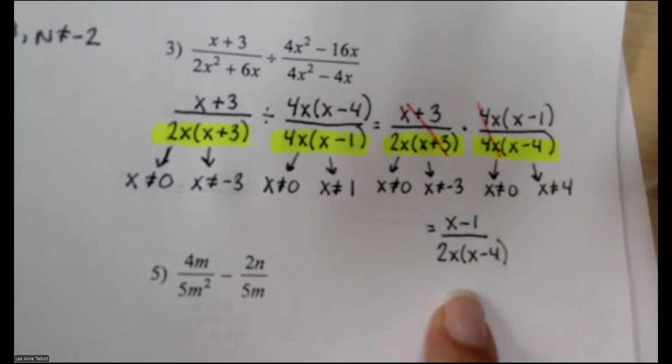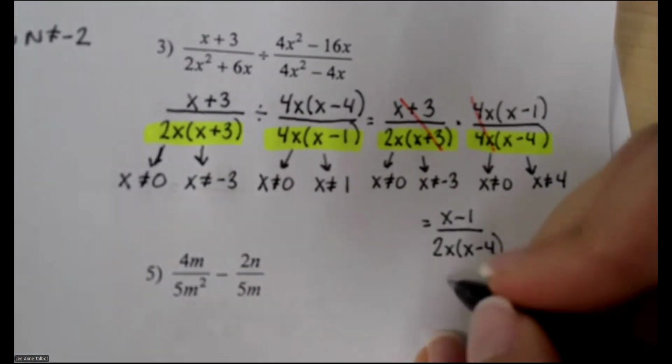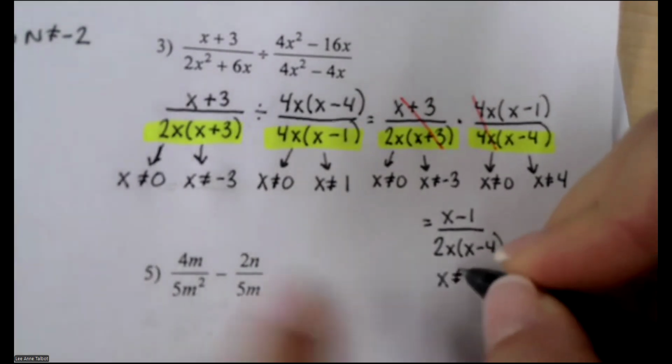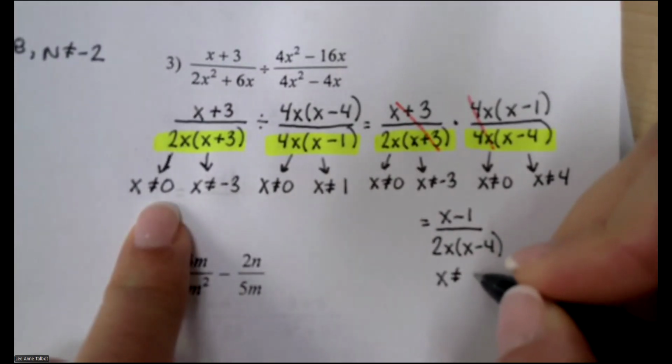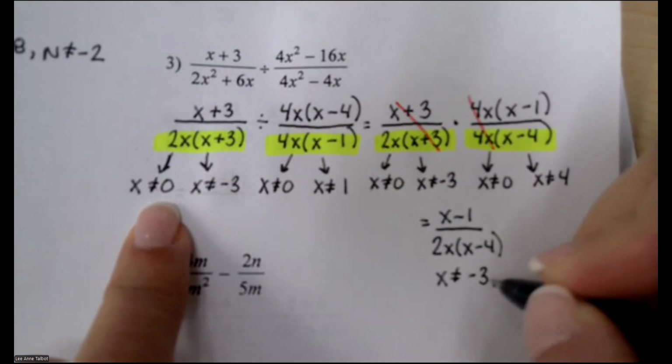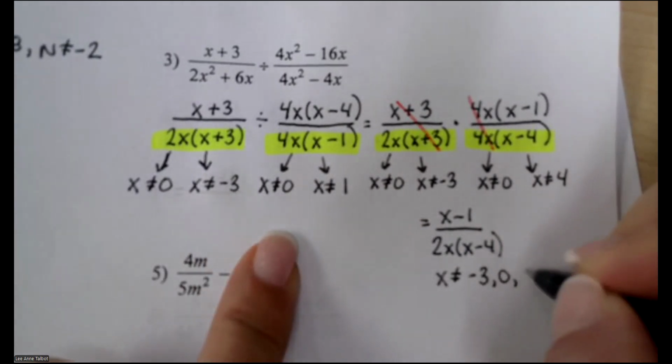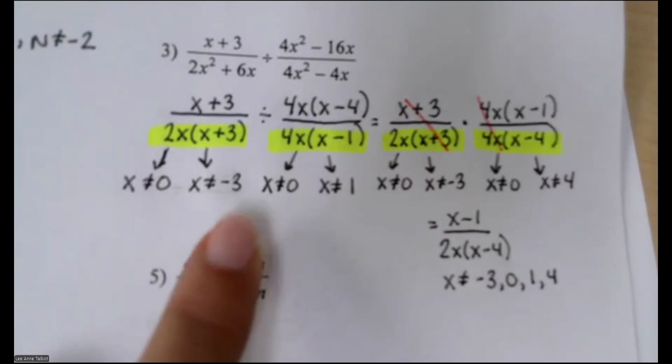Just trying to be super careful. Okay, so now I'm just going to put x cannot equal -3, 0, 1, and 4.